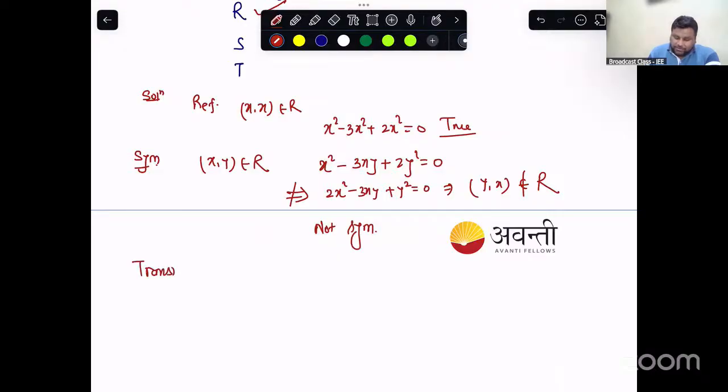Now, if I talk about transitive, how will you check transitive here? You can see any example also. Since it is an objective question, we can simply see an example. Now see, let us take some value of x, like 4. If I take x as 4, what do I get?